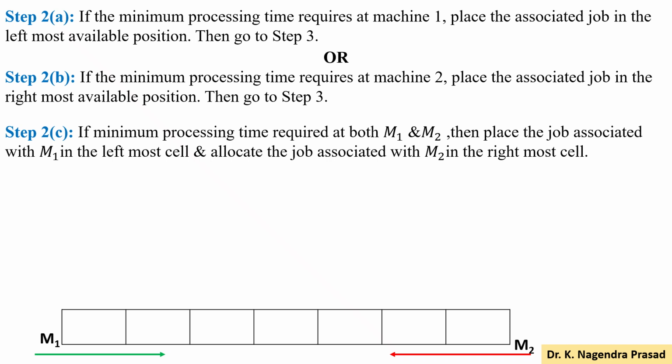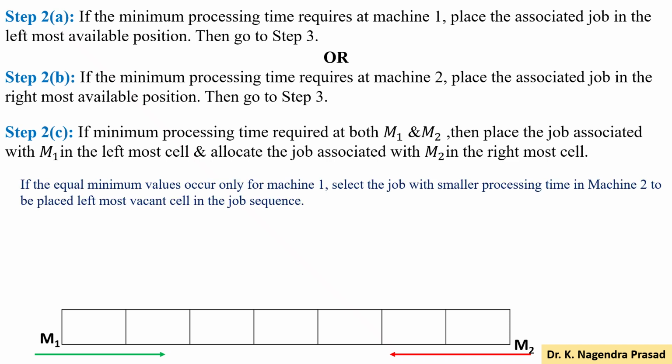So if there is any tie for the processing time for the M1 machine, similarly for the job respective to the M2 machine, then you have to place the job respective to the M1 machine in the leftmost cell. Similarly, you have to place the job associated with the M2 machine in the rightmost cell.